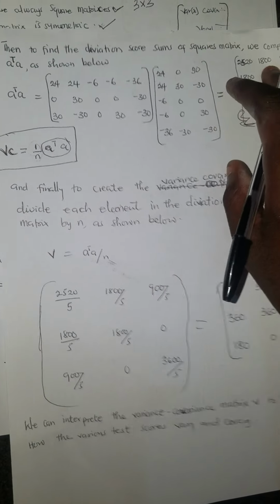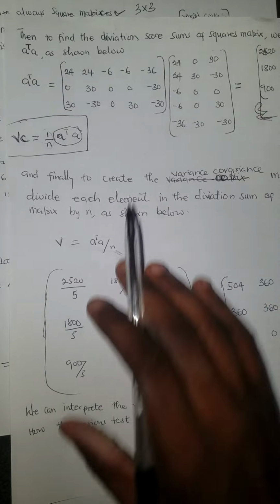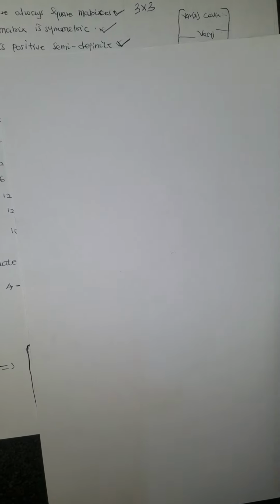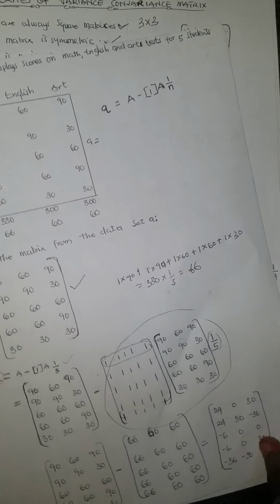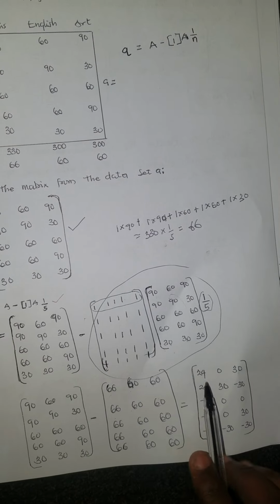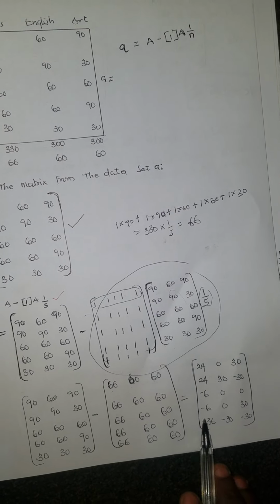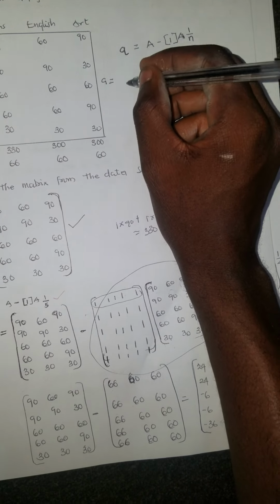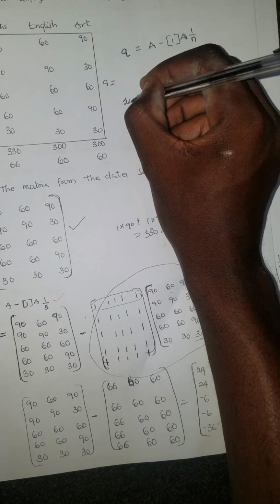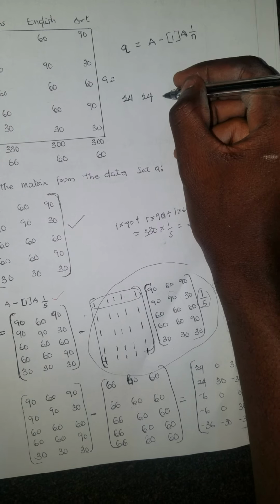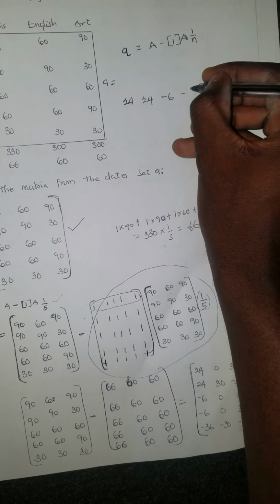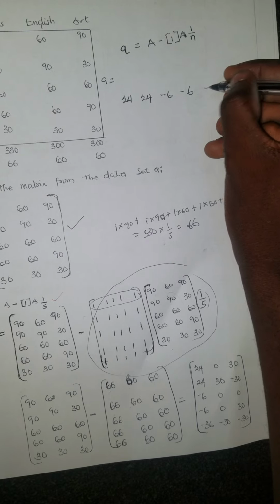So when you transpose the matrix we had here, let's transpose it somewhere here. When you transpose it, it will be 24, minus 6, minus 36.